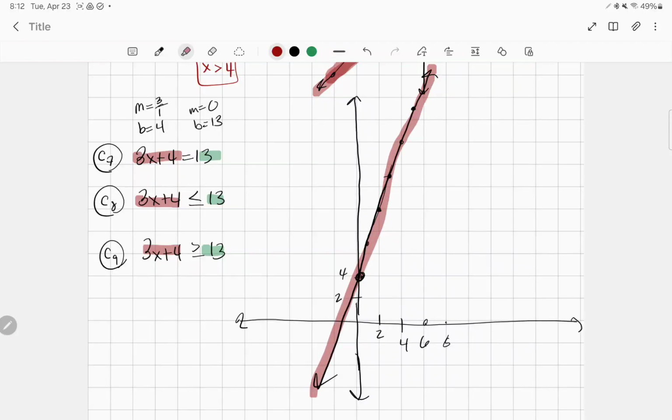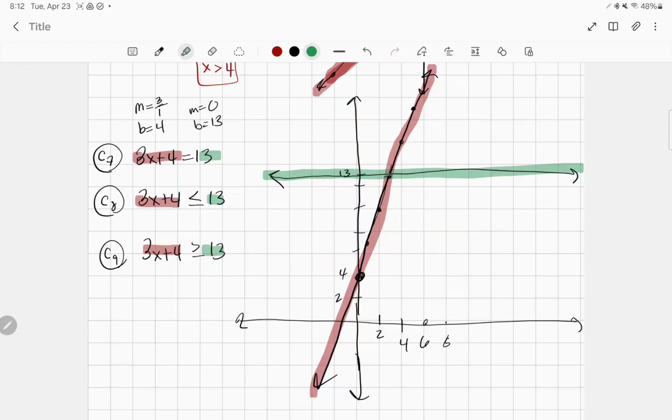Now with the green one, it's just y equals 13, so it's just a horizontal line. 4, 6, 8, 10, 12, so 13 is right here. It's just going to be a horizontal line right there, and we're going to go ahead and color that one green.